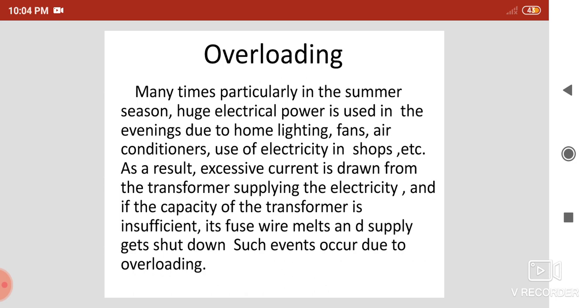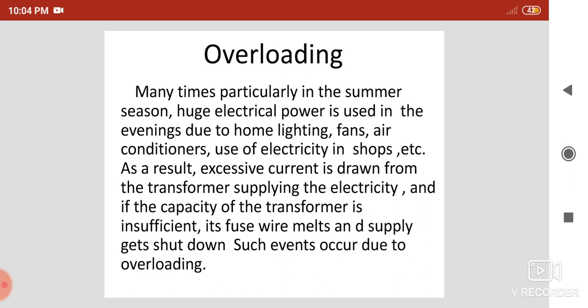It occurs when many electrical appliances of high power rating, such as geyser, heater, oven, motor, AC, or refrigerator, are all switched on simultaneously, at one time. Then it causes overloading. Sometimes it catches fire also.